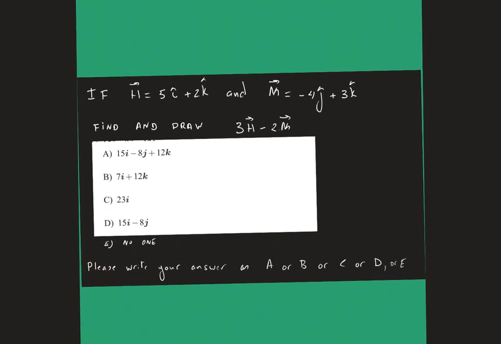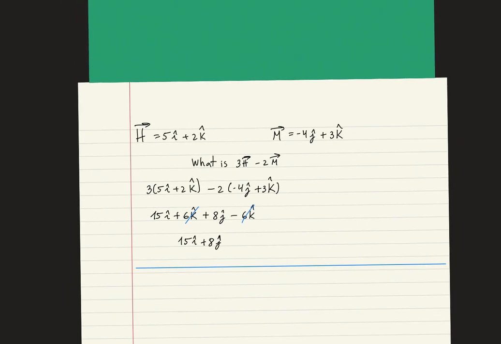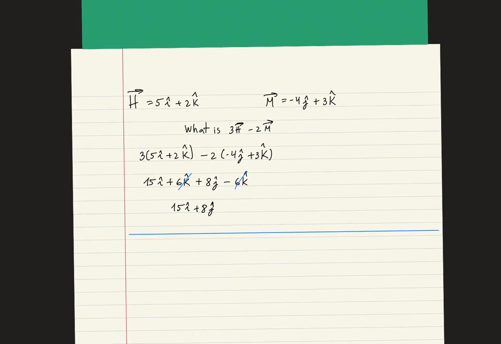So we get H and we get M. We get those two. And the question is, what is 3H minus 2M? So we get from H, we get this equation times 3 minus this equation times 2.